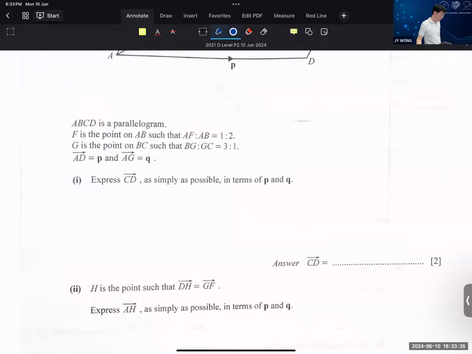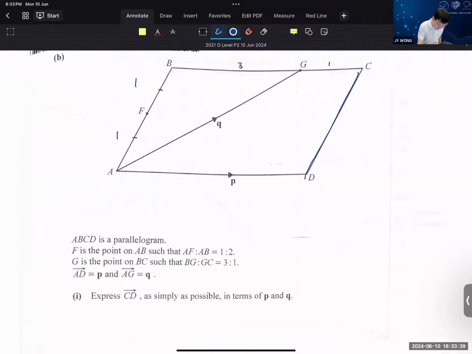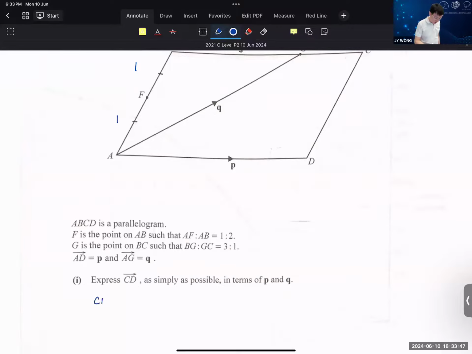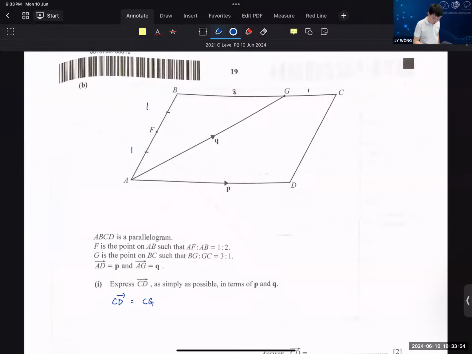Still quite easy. So if you look at CD, how to get to CD using what you know? CD, in this case, will be equal to CG plus GA plus AD.